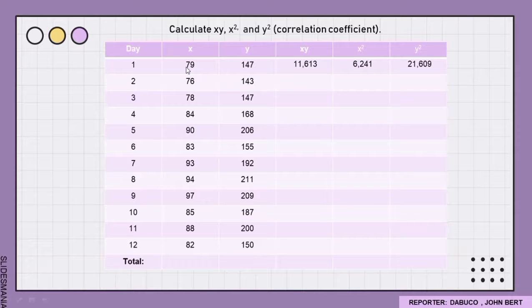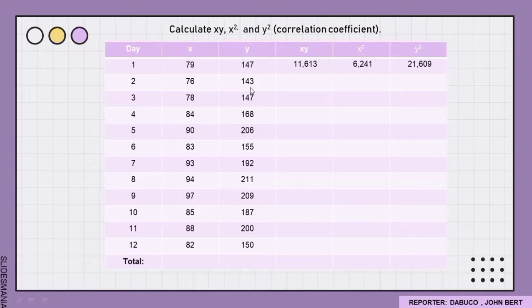The X, which represents the temperature: 79, 76, 78, and so on. We have the Y, which represents the total sales: 147, 143, 147, 168, 206, 154, 192, 211, 209, 187, 200, 150.